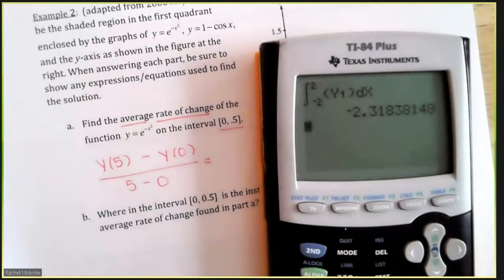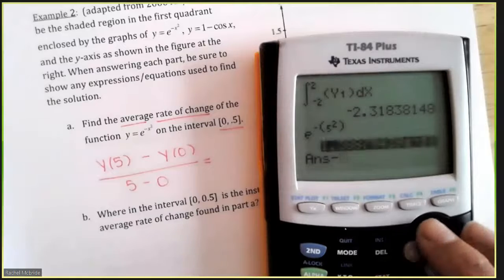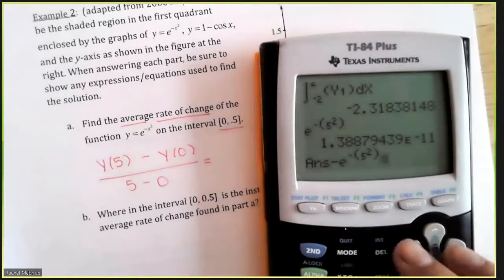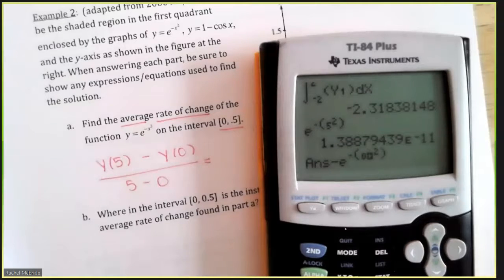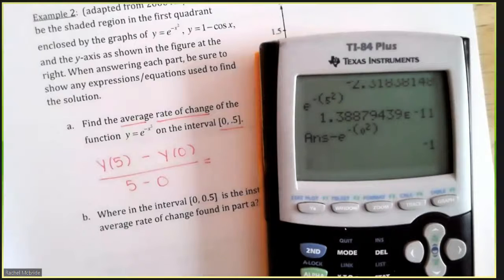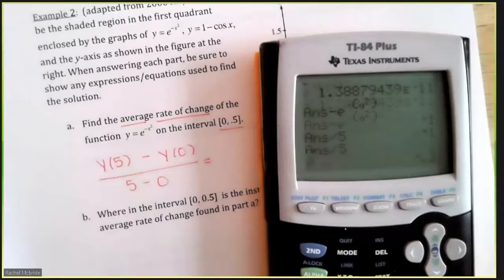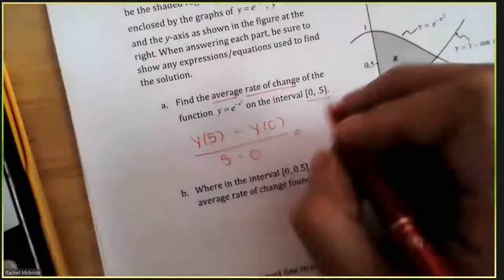So maybe now I have to say, all right, I need second e negative 5 squared minus, then you can actually hit enter and bring it down and then just change the 5 to a 0. So you get negative 1 divided by 5. So you can write down 0.2 or negative 1/5.